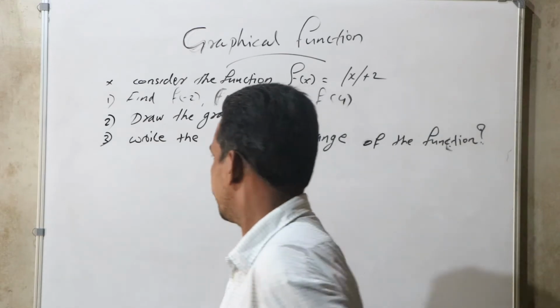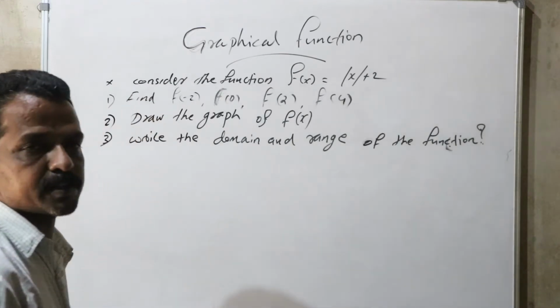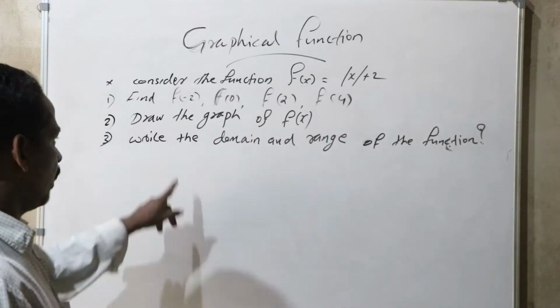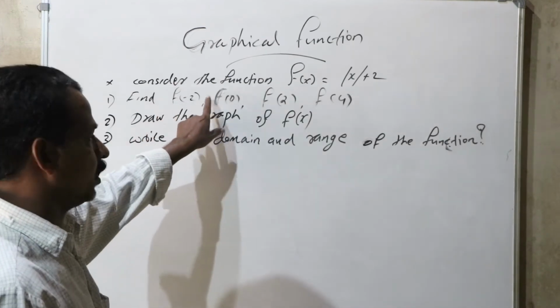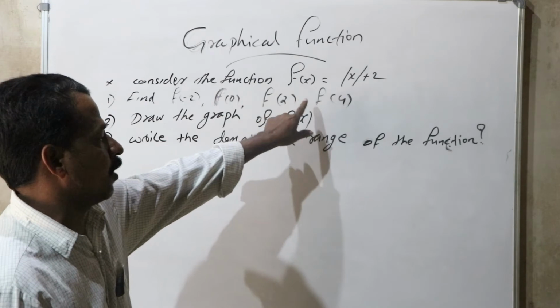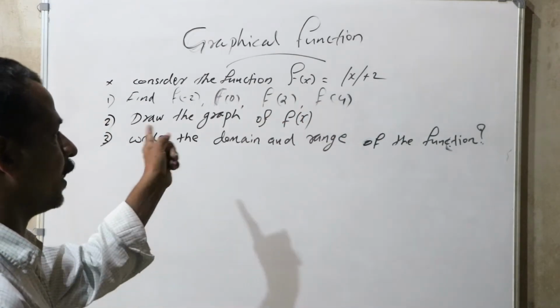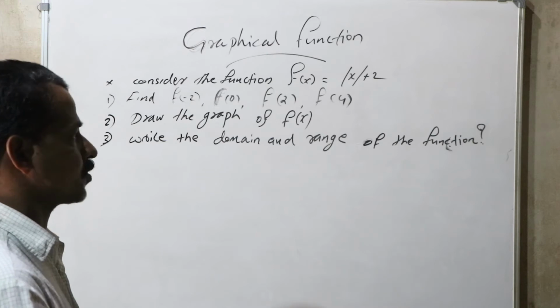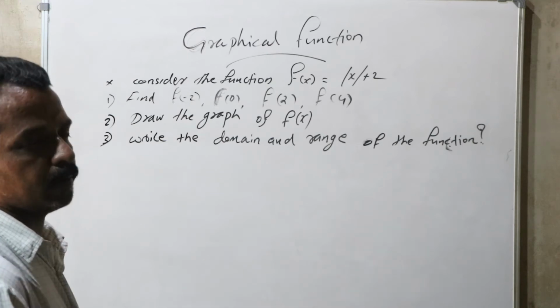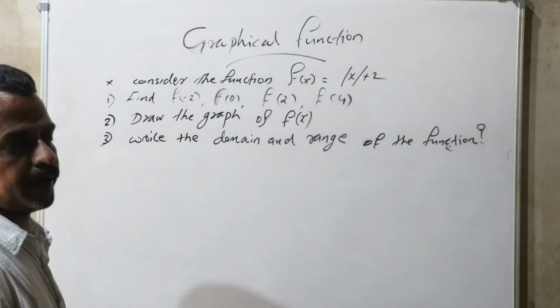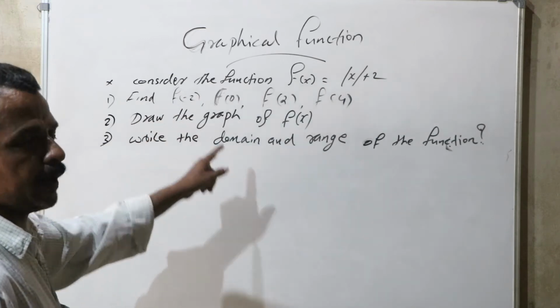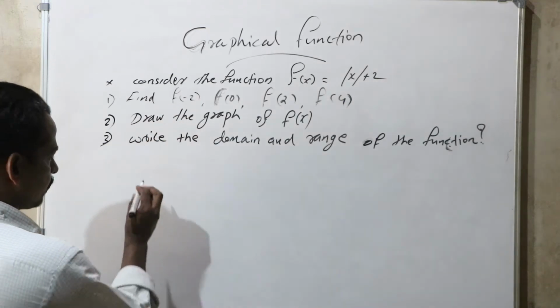Okay. Consider the function f of x is equal to mod x plus 2. Find f of minus 2, f of 0, f of 2, f of 4. We have studied how we find out f of minus 2 from f of x is equal to mod x plus 2. We must find out f of minus 2. What is f of x?